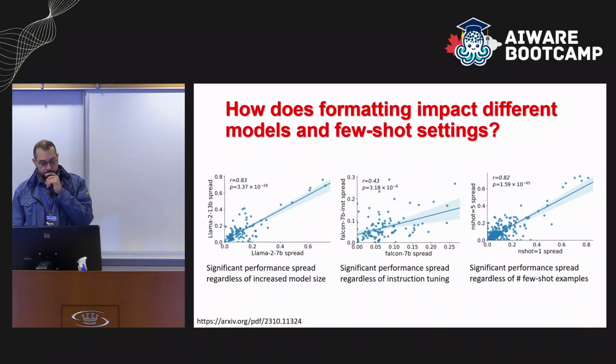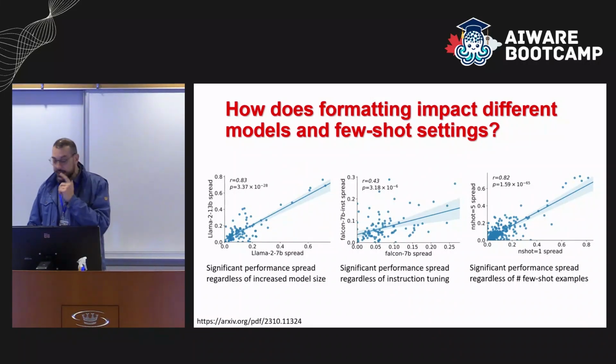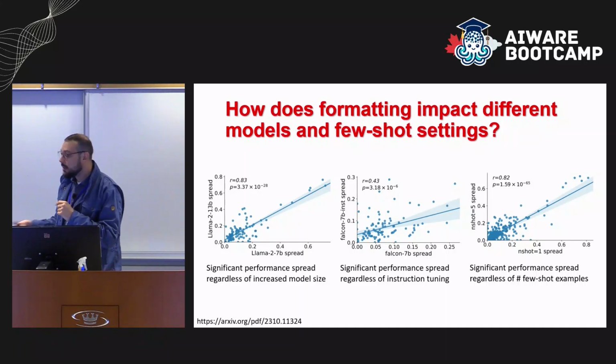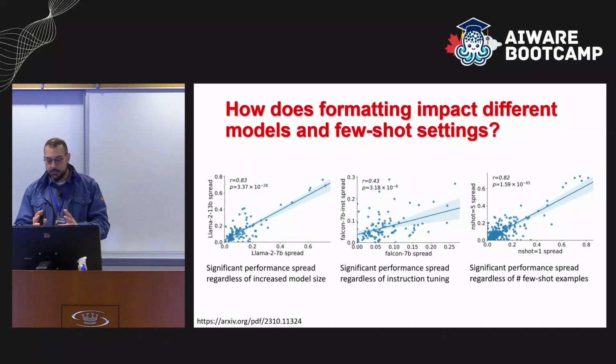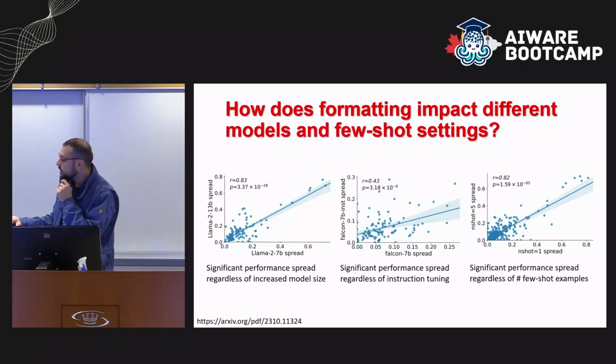And here we are also showing, each data point here is multiple runs for the same task, but multiple variations of a prompt. And as you can see, these are the same models, but they have different sizes. So here we have Llama 2 7B, here Llama 2 13B.